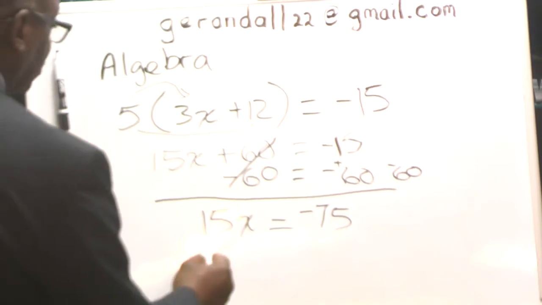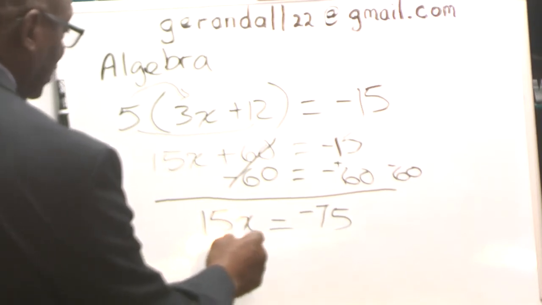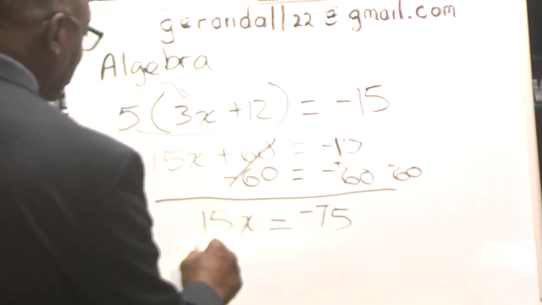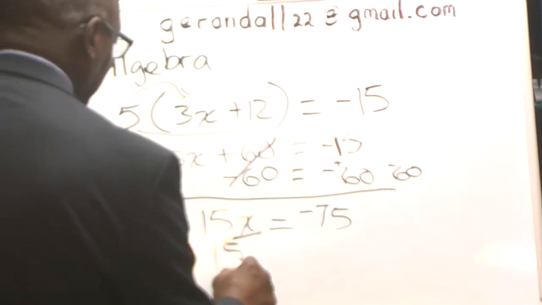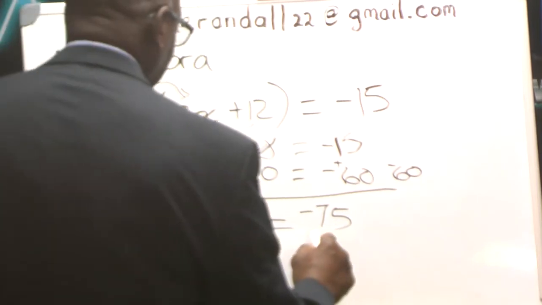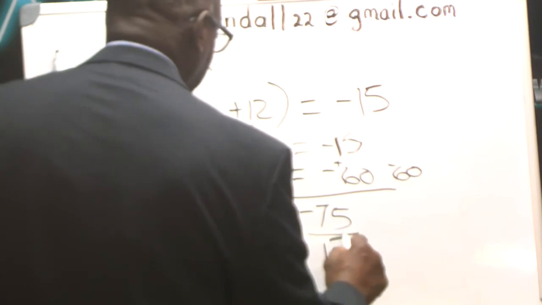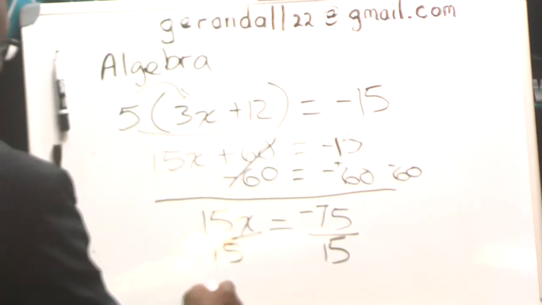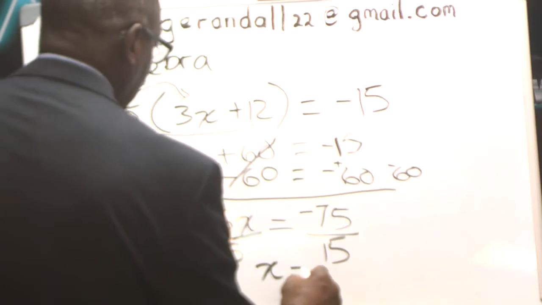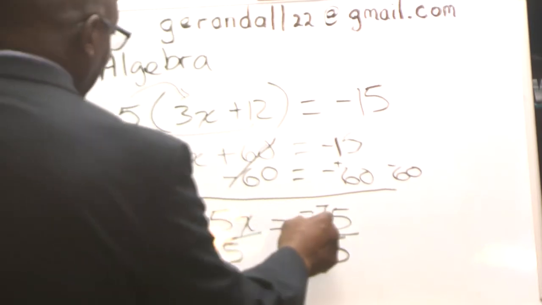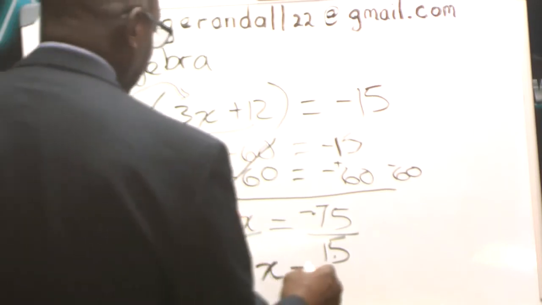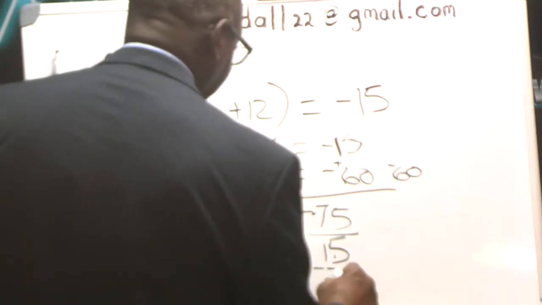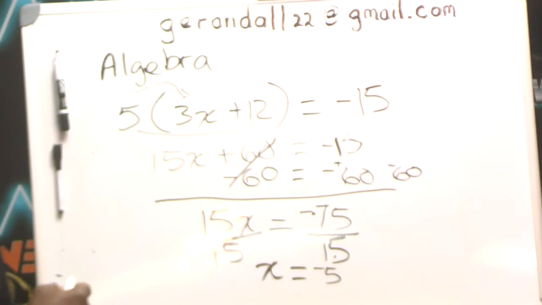Now, right back to our cousins. This says 15 times x. Undo multiplication by what? Division. Divide by 15. Over here we're left with an x and a negative divided by a positive, in this case, is a negative 5.